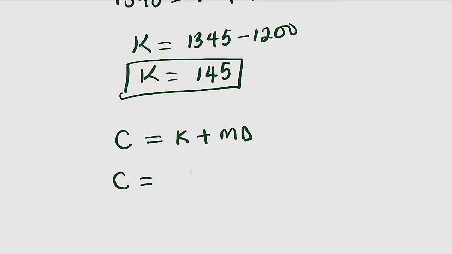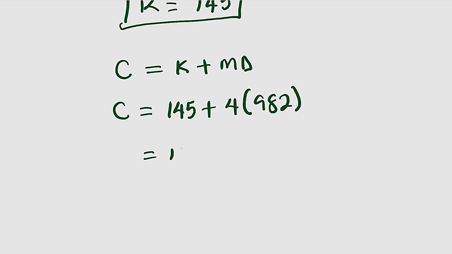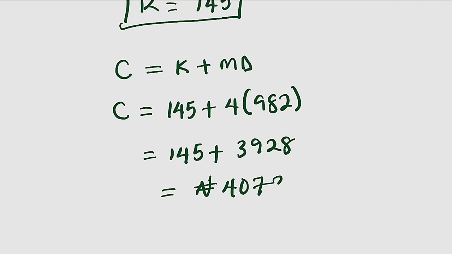The cost will be K, which is 145, plus M, which is 4, multiplied by 982, the distance from Lagos to Kaduna. This is equal to 145 plus 4 multiplied by 982. That will give us 3,928. Once you add these two numbers together, you have the total cost of 4,073 naira. So this is the cost of the transportation from Lagos to Kaduna.